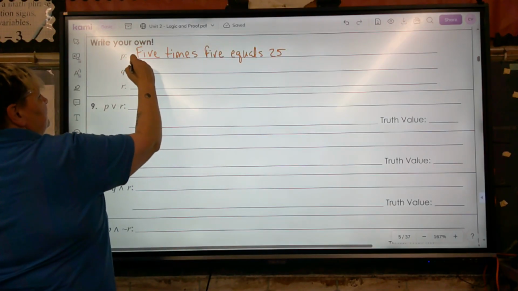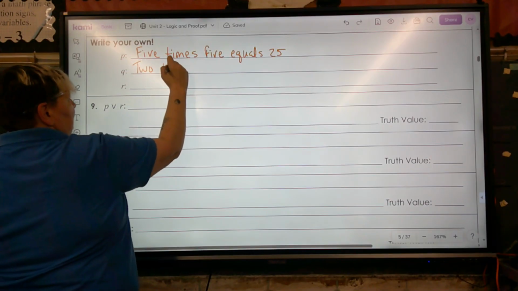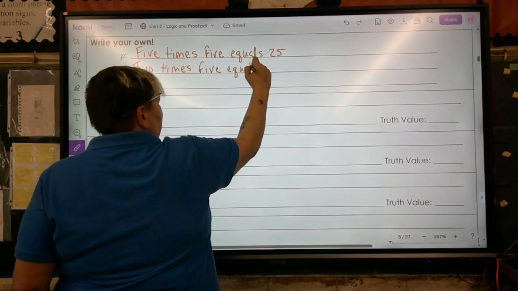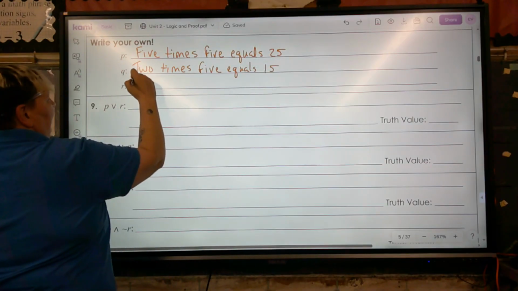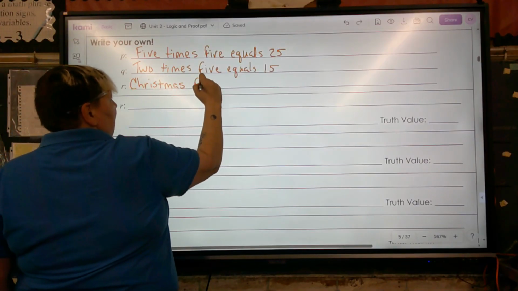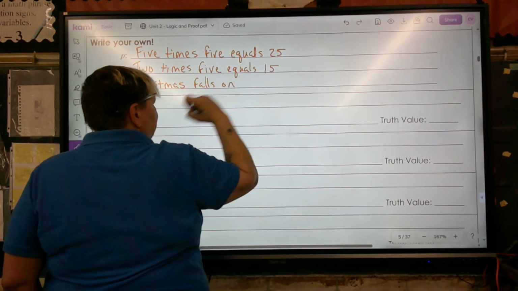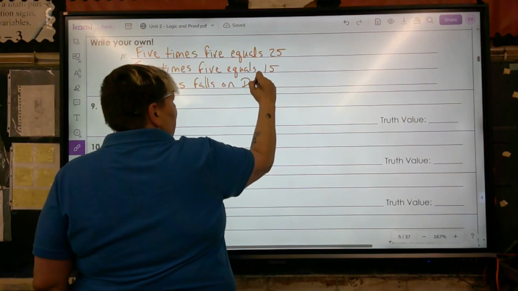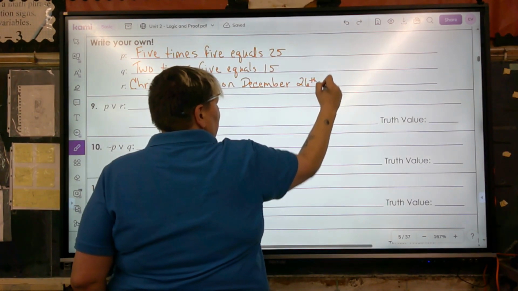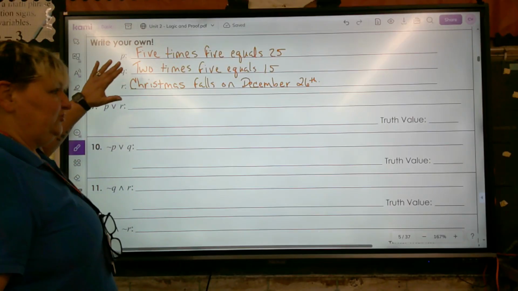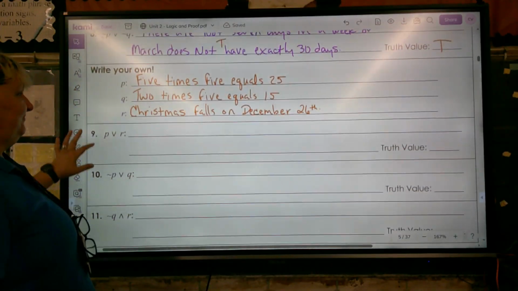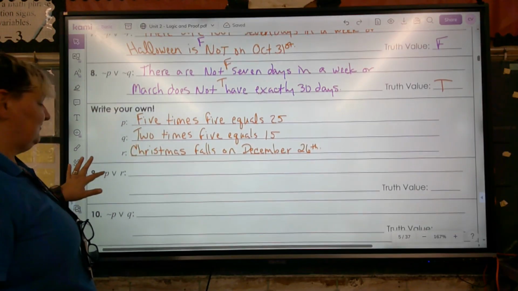And Q, 2 times 5 equals 15. And R, Christmas falls on December 26th. These are your 3 statements. Use them to answer the rest of the questions, all the way through 14.